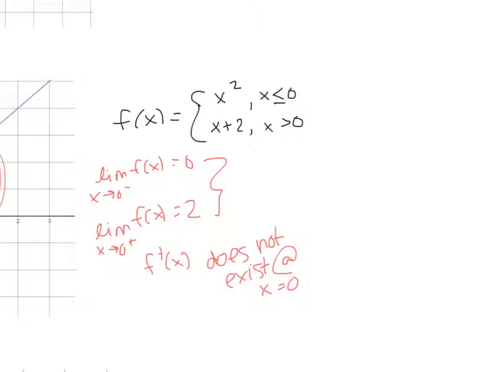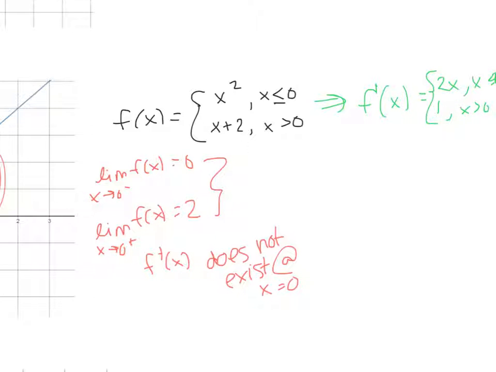So this is our function, and we're going to take the derivative of it now, using our shortcuts like we always did. So our top function is going to become 2x when x is less than or equal to 0. Keep your domain. And the bottom one is just going to become 1 when x is greater than 0.